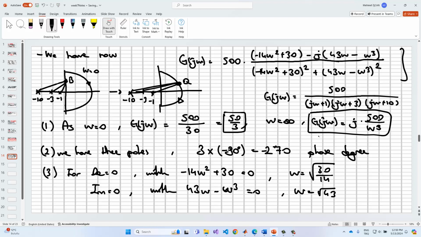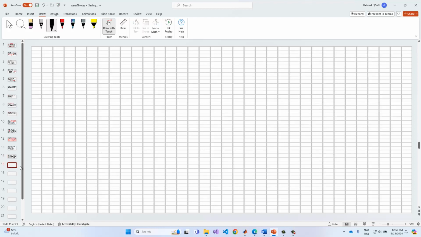So how can we create this Nyquist plot here? If we have these conditions, just remember these values for the real and the imaginary part. If we take the values at jω with ω the square root of 30 divided by 14, this is the real part.